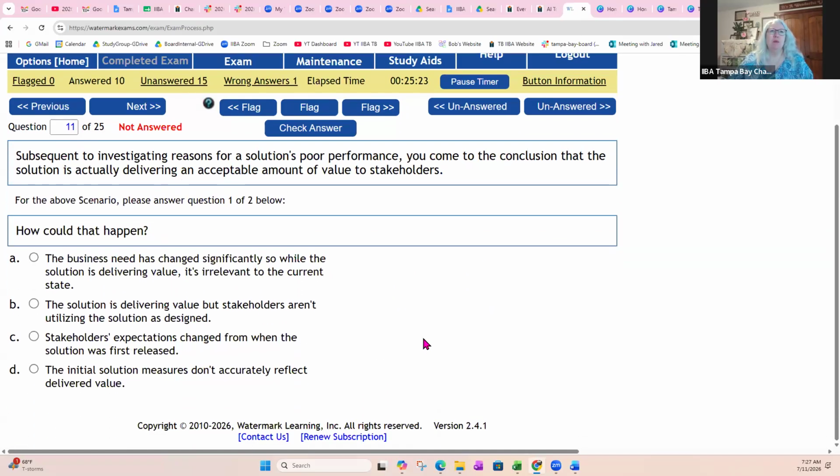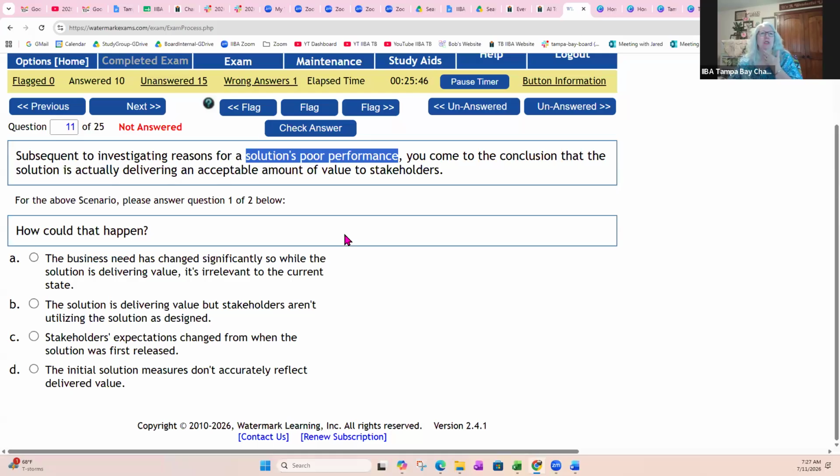Subsequent to investigating reasons for a solution's poor performance, you come to the conclusion that the solution is actually delivering an acceptable amount of value to the stakeholders. So you started out with the idea that the solution isn't performing appropriately, and then you come to the idea that, wait a minute, yeah, it is. How could that happen?